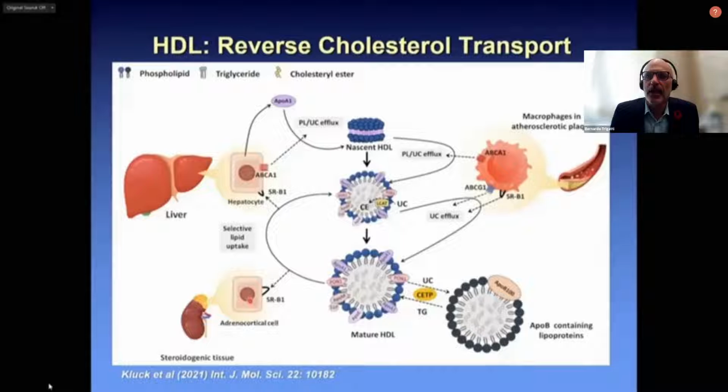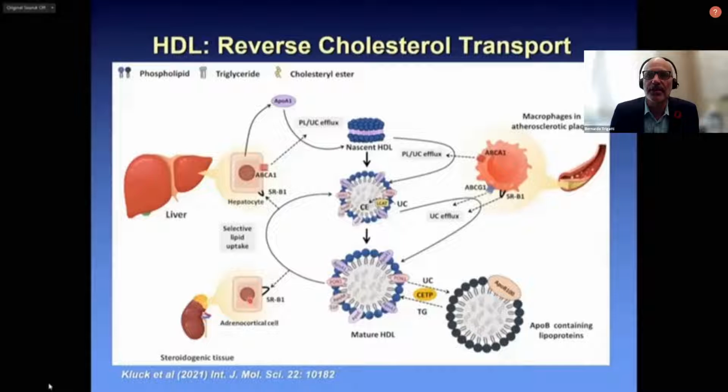Mature spherical HDL can either exchange unesterified cholesterol and cholesterol esters with other lipoproteins through the actions of cholesterol ester transfer protein, or can carry its cholesterol cargo to cells where that cholesterol is selectively taken up via the scavenger receptor class B type 1.